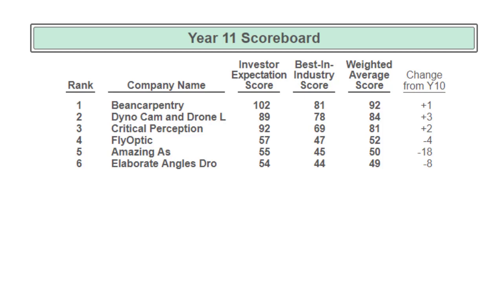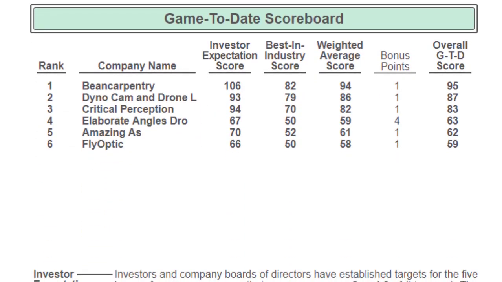So let's go ahead and look at the game-to-date scoreboard, where then again we have company B, D, and C. So B's at 95, D's at 87, and that's a pretty big gap for the game-to-date scoreboard. So just to give you a heads up, D and C, if you want any hopes of catching B, you're either going to bank on them making a mistake, or you're going to try, I don't want to say something new, but be more aggressive to try to catch them.